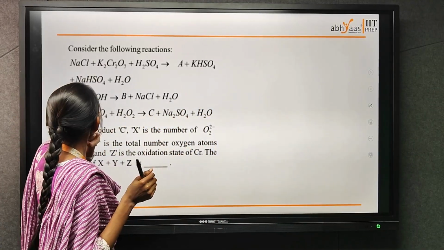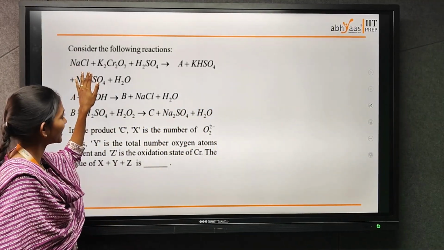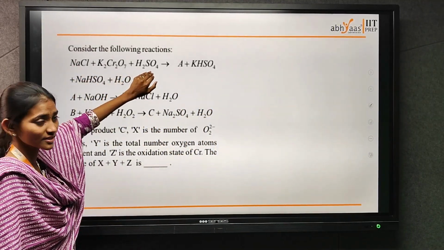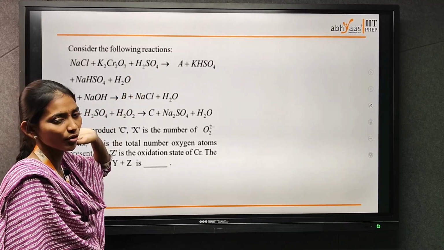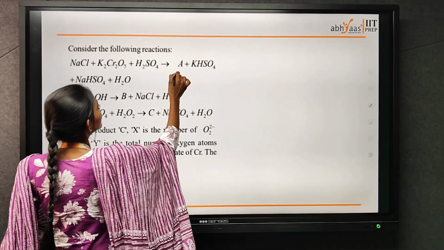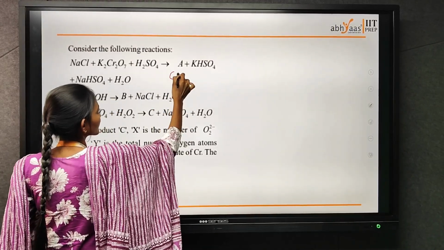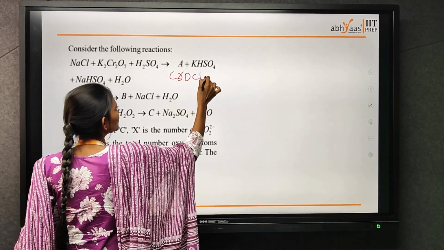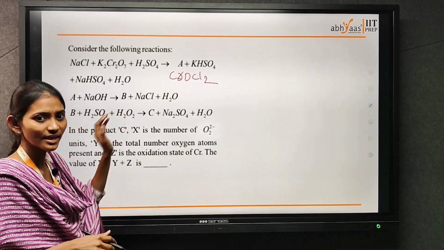And consider the following reaction. They have given sodium chloride with potassium dichromate. Upon hydrolysis with sulfuric acid, we are getting our compound A. What is that? CrO2Cl2, right?